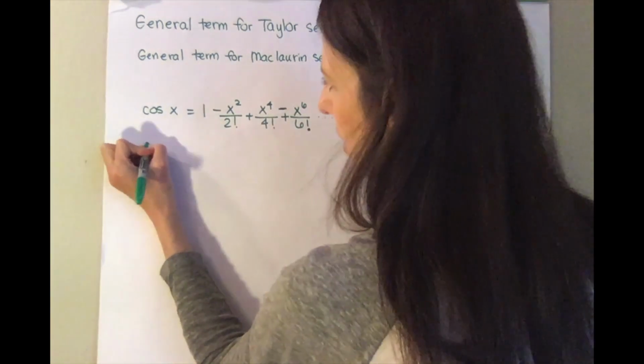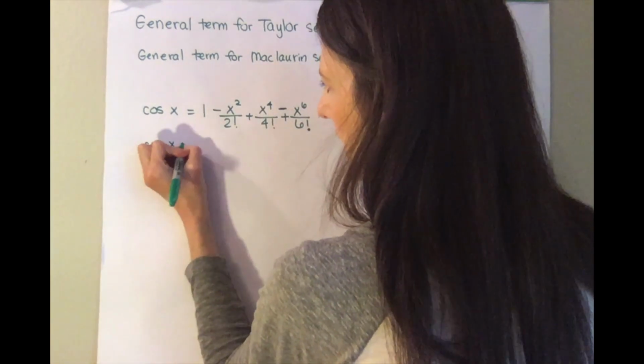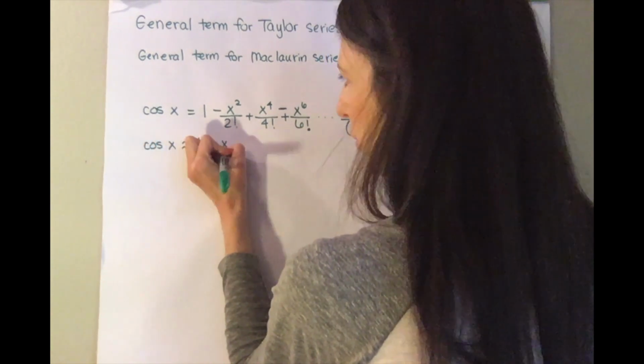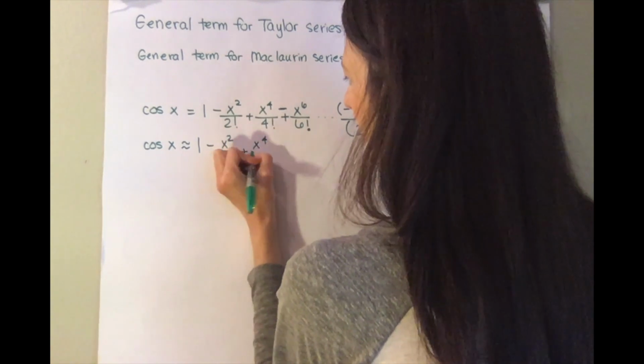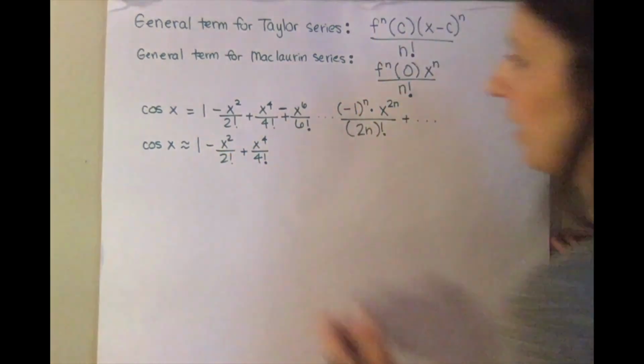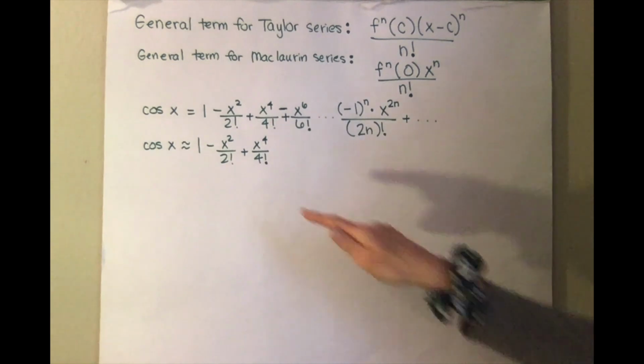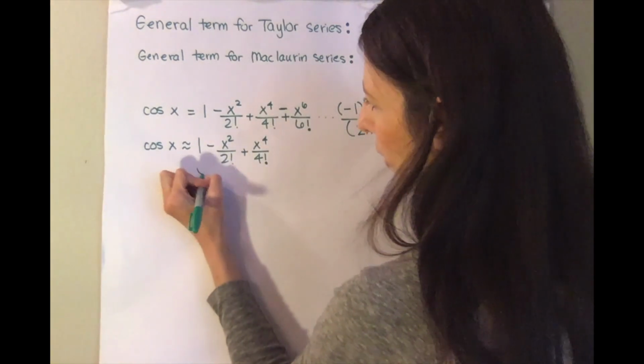If I only wanted an approximation for cosine x, I could just do the first 2 terms, the first 3 terms. If I don't go on forever, this isn't a Taylor series. This is a Taylor polynomial.